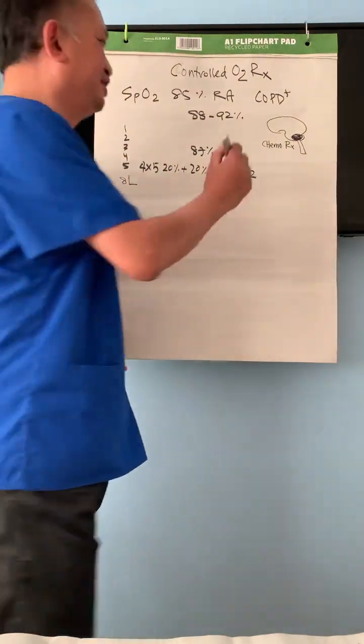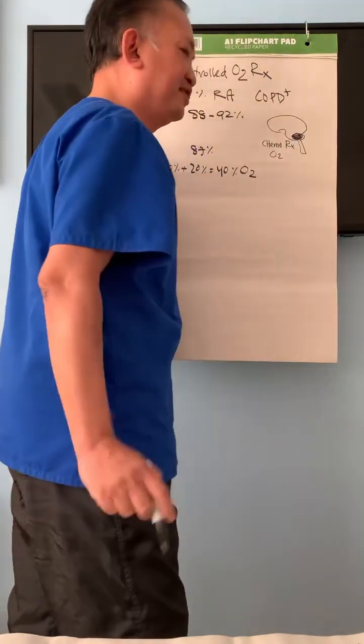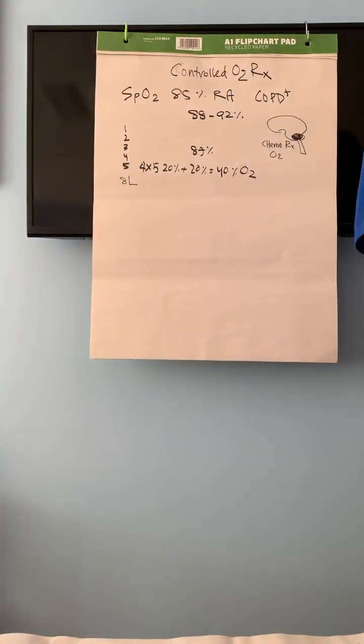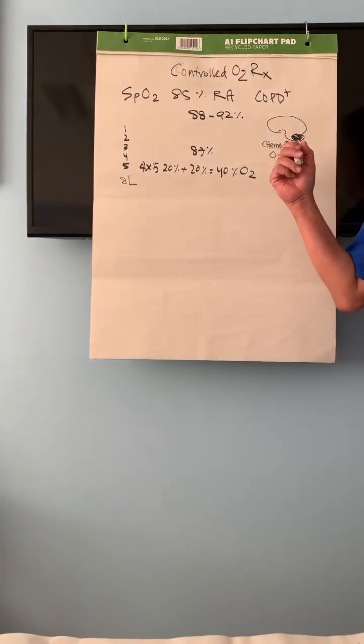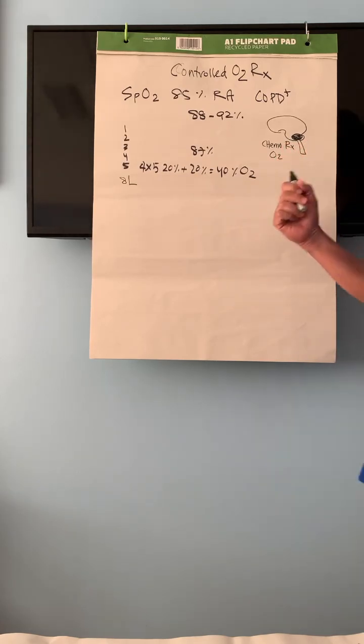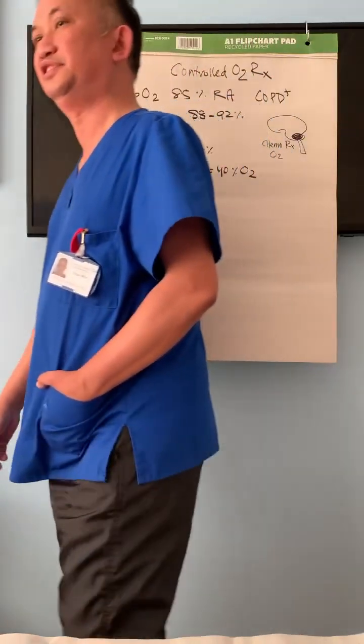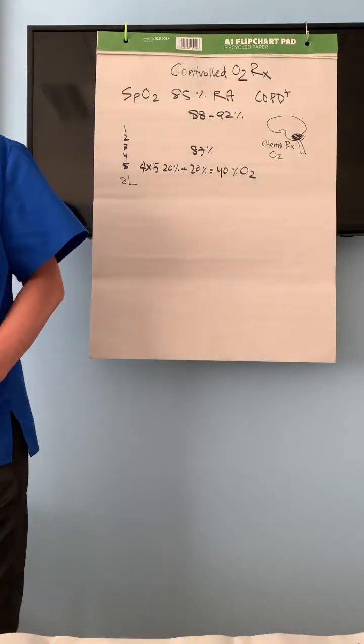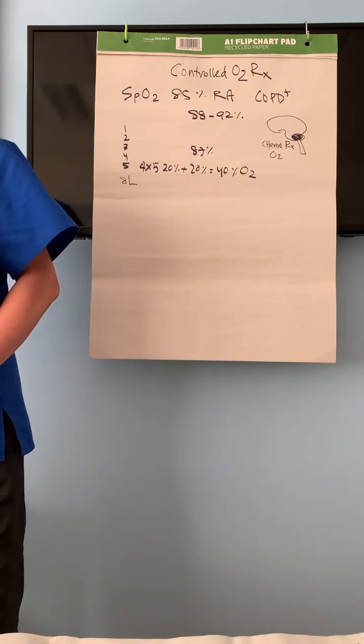They are the oxygen sensor. Actually, the respiratory center is run by the oxygen sensor, not by the carbon dioxide sensor. The main stimulus for the respiratory center in the brainstem is oxygen, not the carbon dioxide.